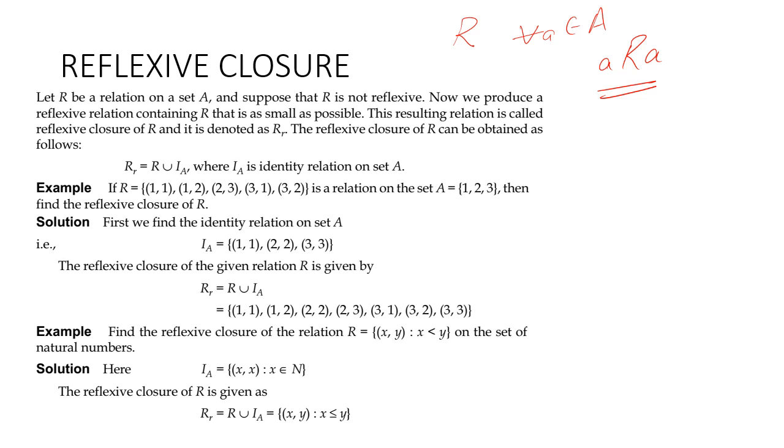Let us see this example. We have a set A equal to {1, 2, 3}, and we have defined a relation here: (1,1), (1,2), (2,3), (3,1), (3,2). Now I can see (1,1) is here, but I cannot find (2,2) and (3,3). So by definition, the relation given is not a reflexive relation.